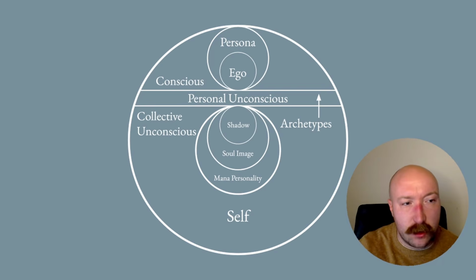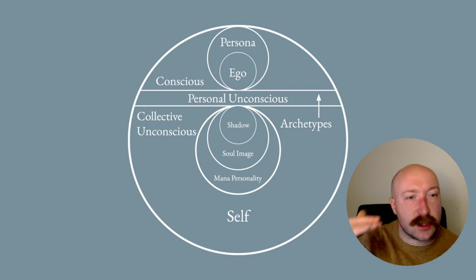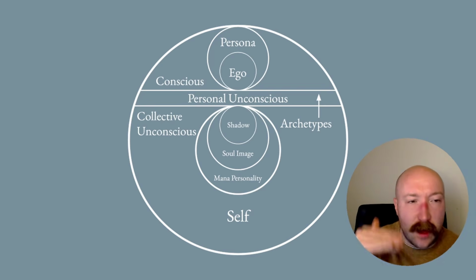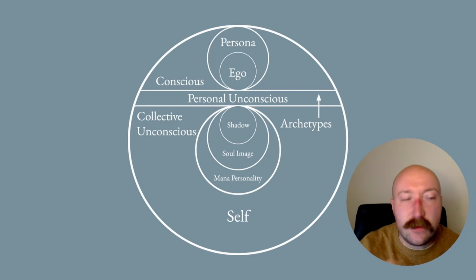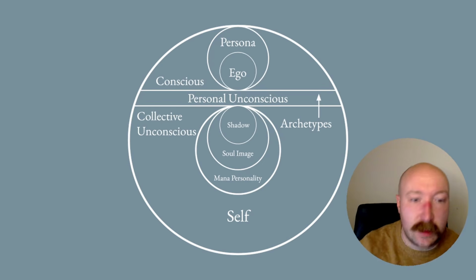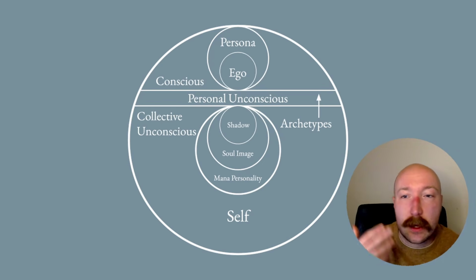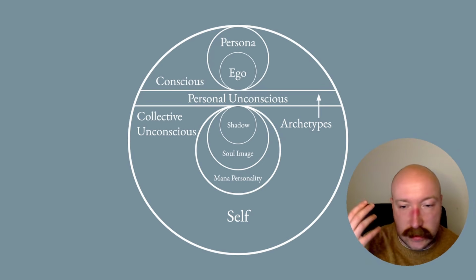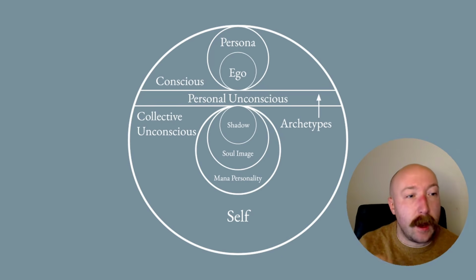We might have a different persona or mask for our job, a different one at home with our family, a different one when we're by ourselves. We'll look at those in the persona session. Ego and persona are conscious. Then we go down to the personal unconscious, which is individual, unique, because they're individual from our life experiences, repressed ideas, repressed memories, repressed thoughts, and things that just aren't conscious right now.